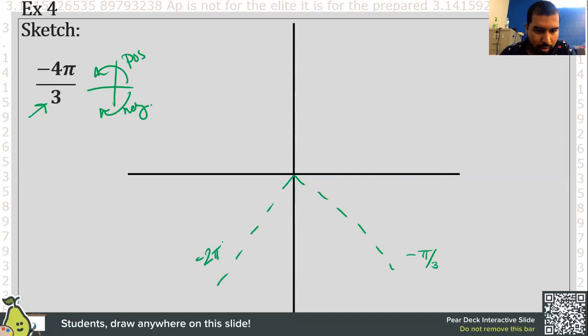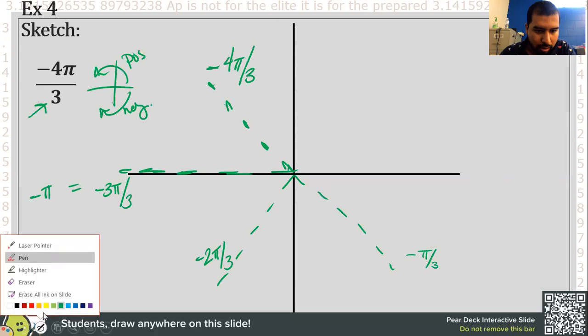it's negative 2 pi over 3. And if I continue doing this, this is negative 3 pi over 3, which is the same thing as negative pi. And just one more slice will tell me that this is going to be negative 4 pi over 3. Just where we want to land, right?